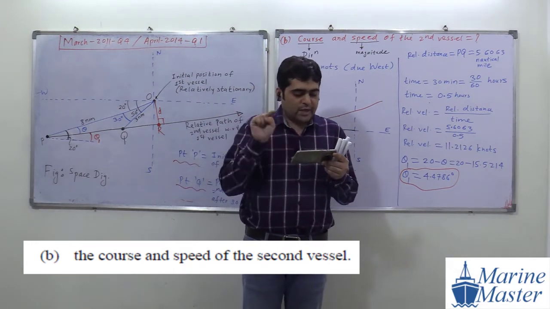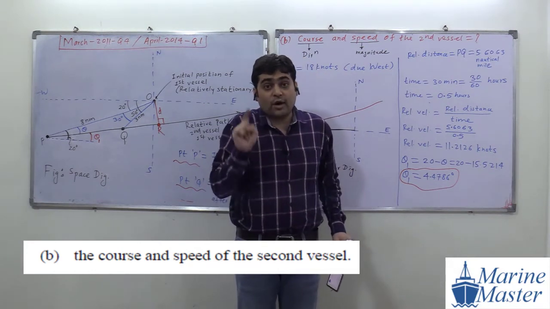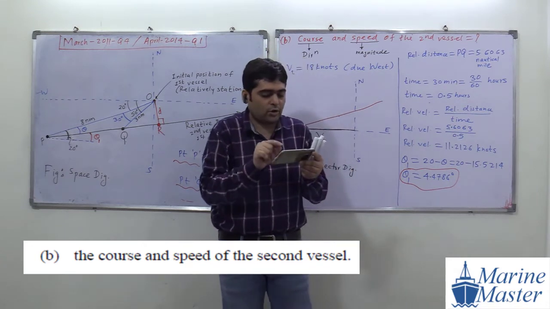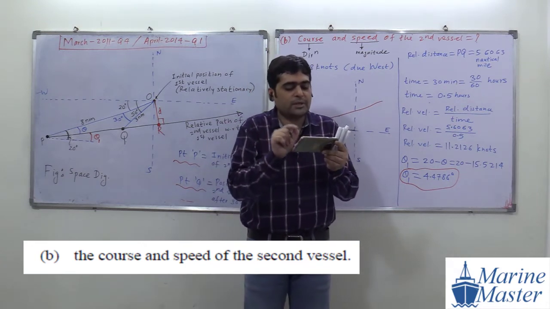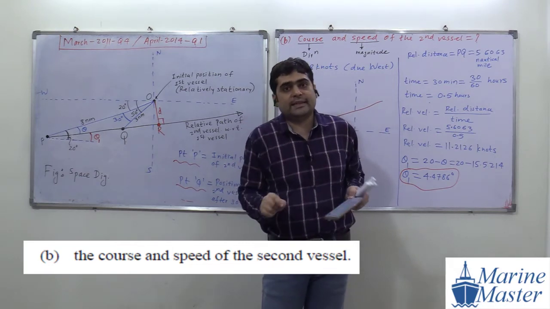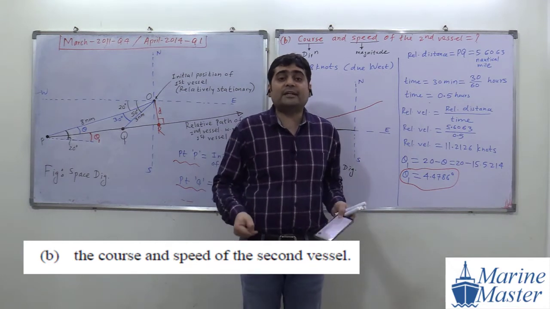In the question, they said only the course and speed of the second vessel. They have not said with respect to. Here our target is to find the absolute values.